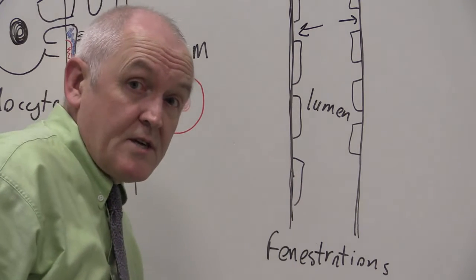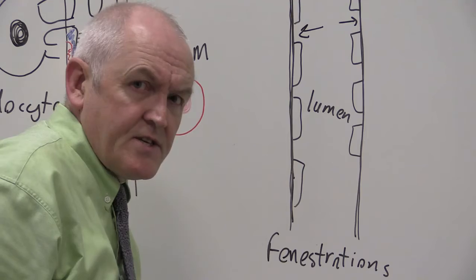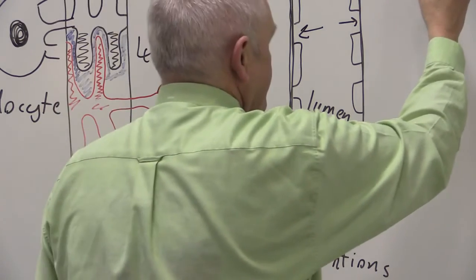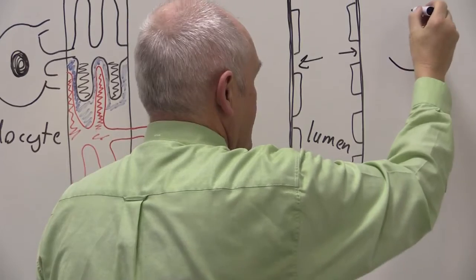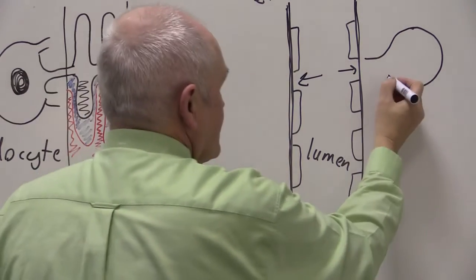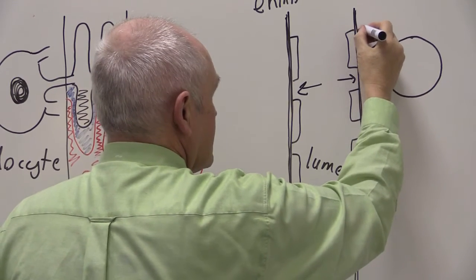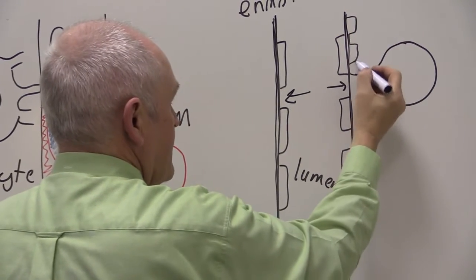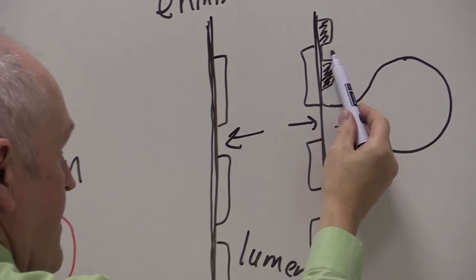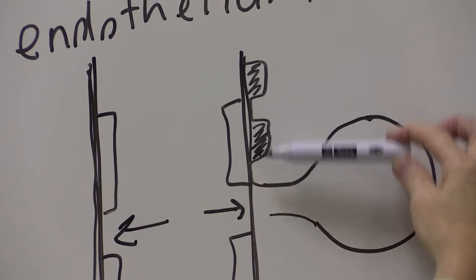Now we know the podocytes are external to the capillary, forming the visceral layer. So here we have a podocyte, and we know that these foot-like processes, the pedicles, go down. And again, if we're just drawing this in section, we'll see it looks like this. So here we have a pedicle, and here we have a small gap. And the gaps between the pedicles are the filtration slits.